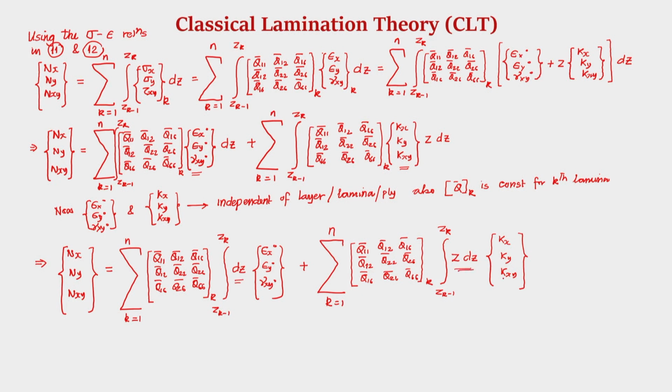Therefore, we can now perform the integration and can write N x, N y, N x y is equal to sum over k is equal to 1 to n, Q bar.